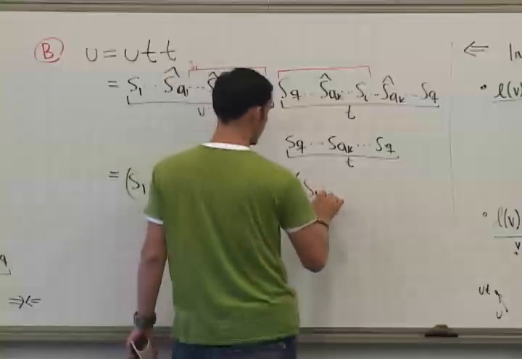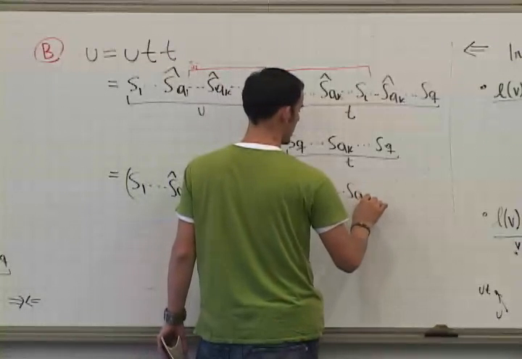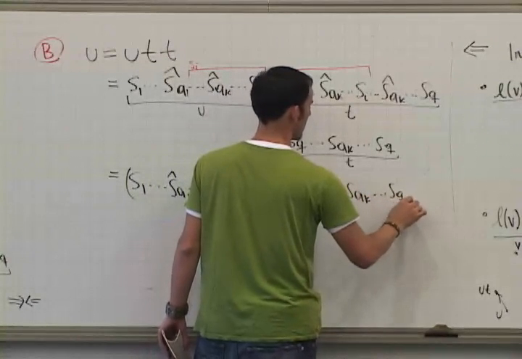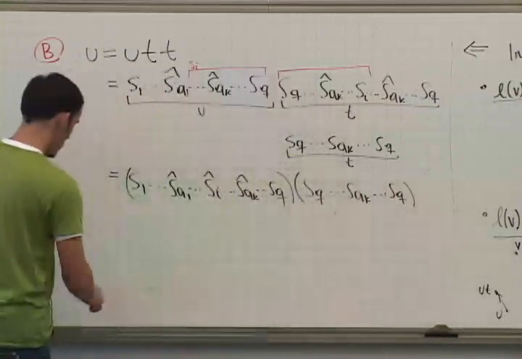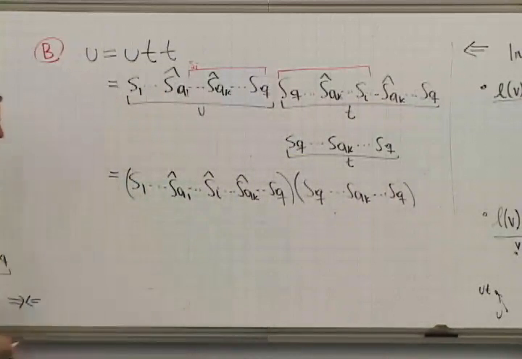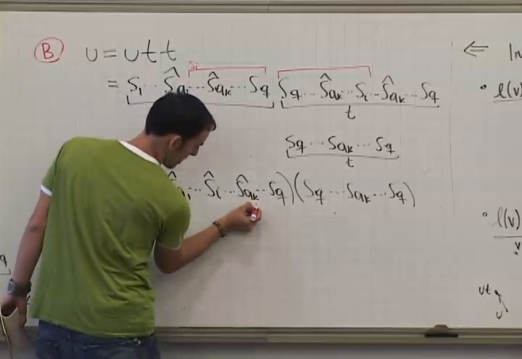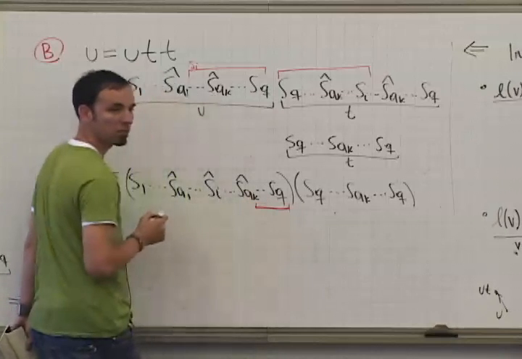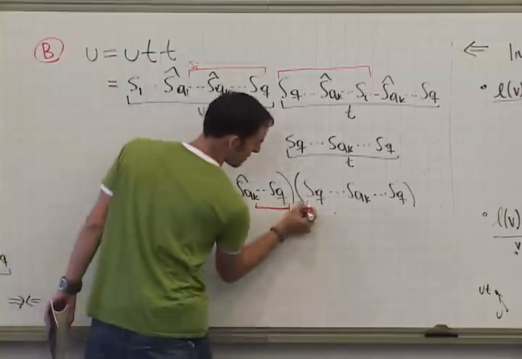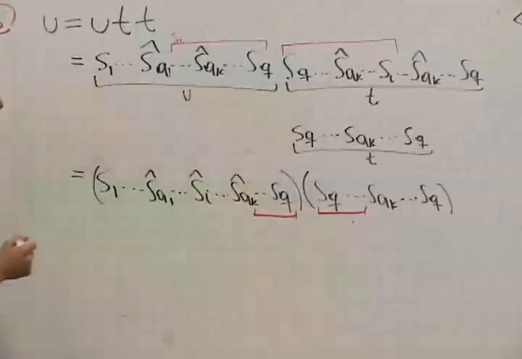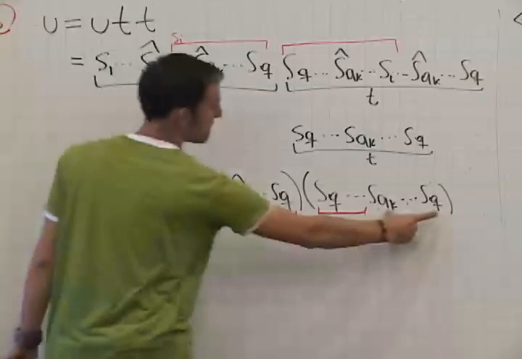And I multiply by S_Q down to A_K and up to S_Q. Okay. What happens when I multiply these two things together now? Well, again, it's almost the same thing. From A_K plus 1 up to S_Q, it's going to cancel all of these things. And then it's going to put this back together.